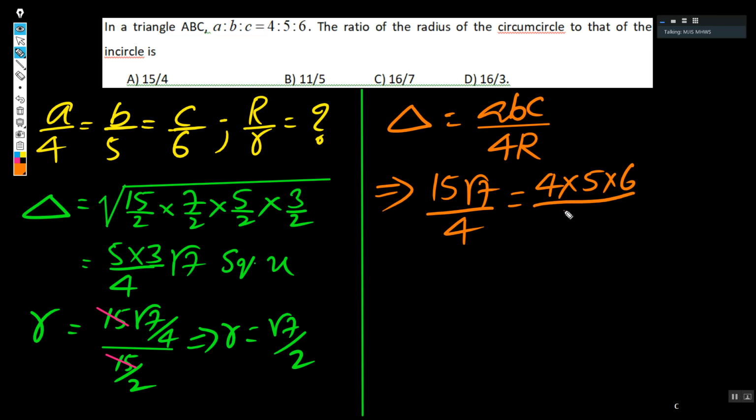Cancel it off wherever possible, 4 getting cancelled, this goes two times. R is equal to 8 by root 7. That's it.